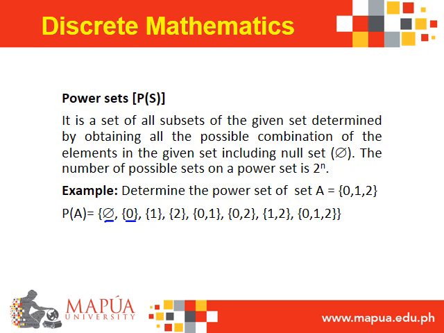Or a set containing 1 only, 2 only, or a set containing 0 and 1, 0 and 2, 1 and 2, or even a set containing 0, 1, and 2. So these are all subsets of your set A. Hence, if we collect them together, it is now referred to as a power set.